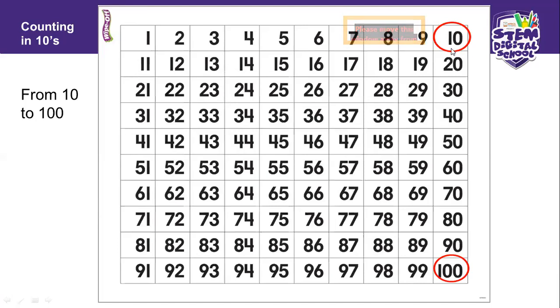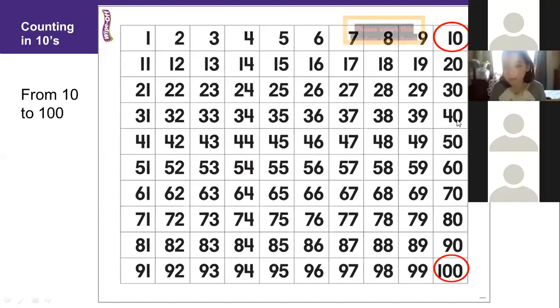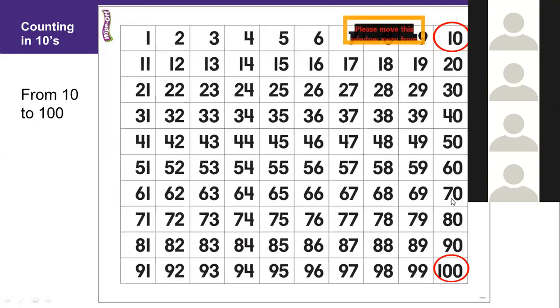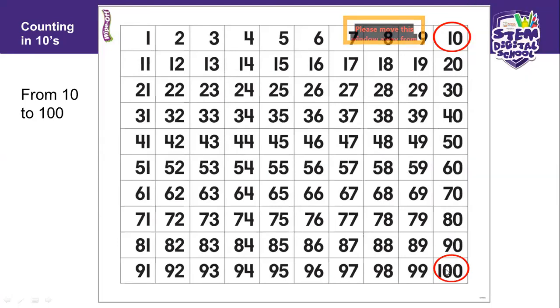Ready, go. 10, 20, 30, 40, 50, up to 100. Well done. If you've got a chart like this at home, you can count on your own and also write these numbers so that you can say them and know them.